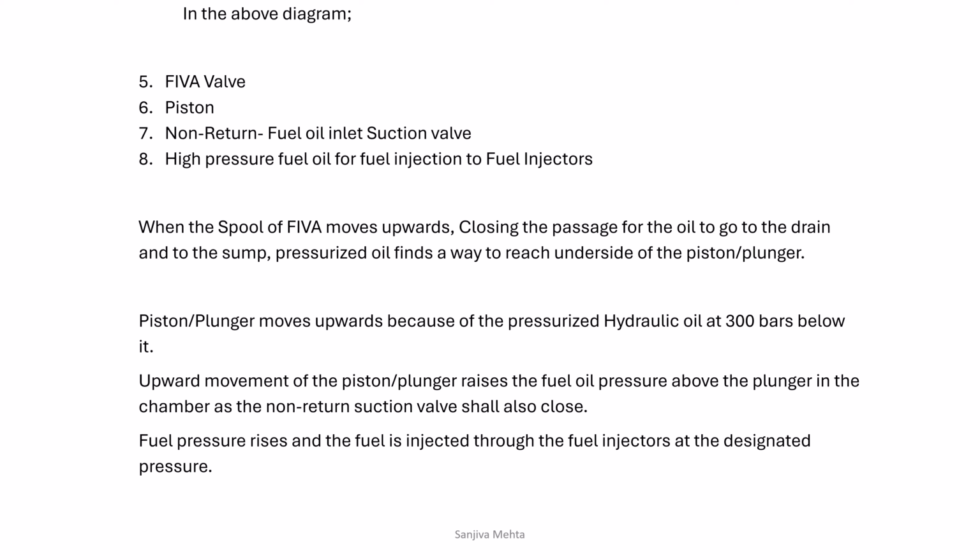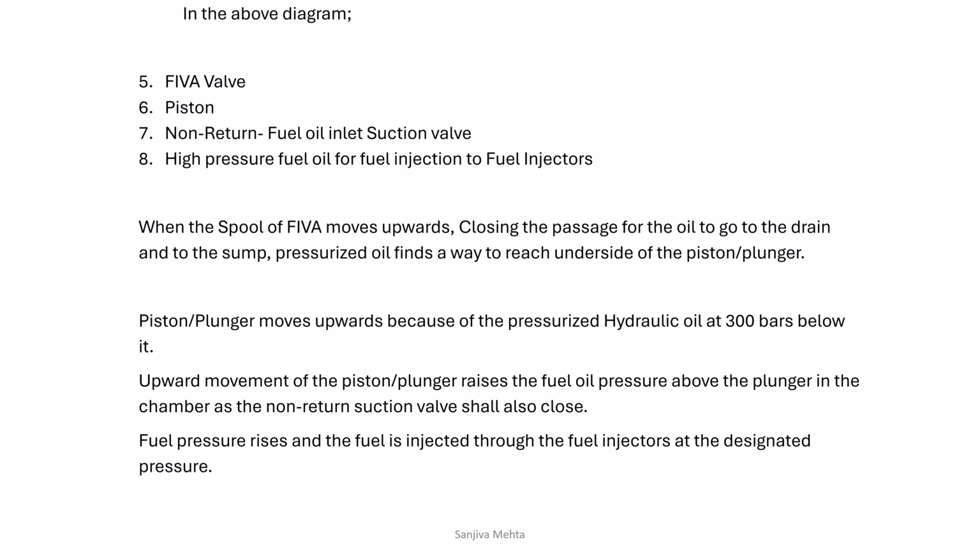In the above diagram, number 7 is the non-return valve, and it is the high pressure fuel oil for injection. When the spool of the FIVA moves upward, closing the passage for the oil to go to the drain, the pressurized oil finds a way to the underside of the piston or plunger or barrel.